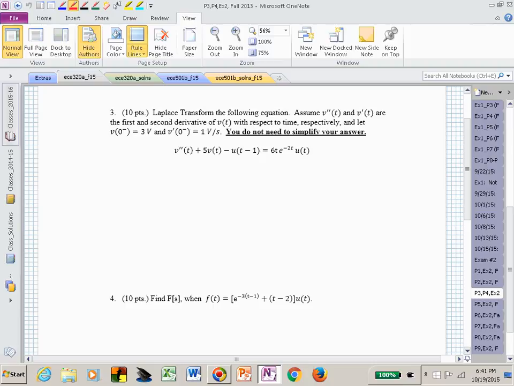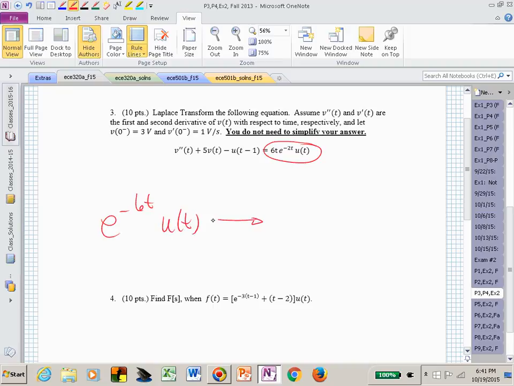Now, what I've been finding is that some of you are getting hung up on when you have a term like this. Let's just say that I have e to the minus 6t u of t, and I want to take the Laplace transform of that. Some of you are wanting to Laplace transform this and then Laplace transform that and multiply them together.